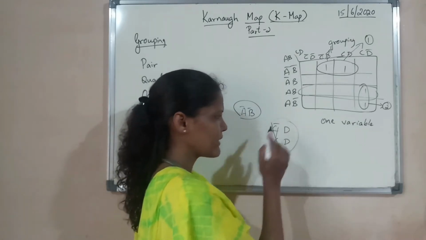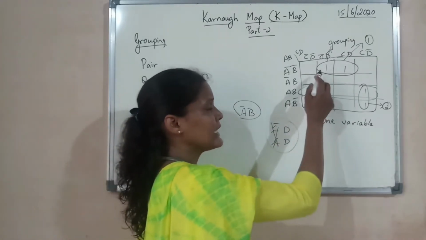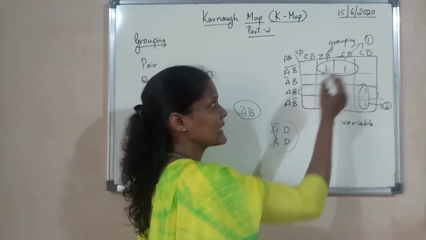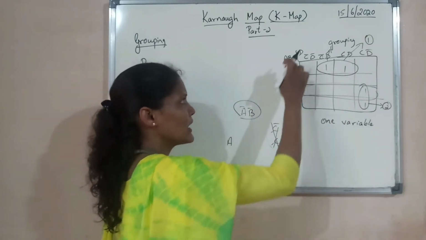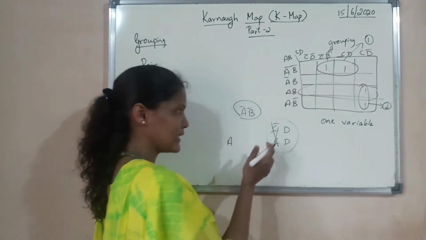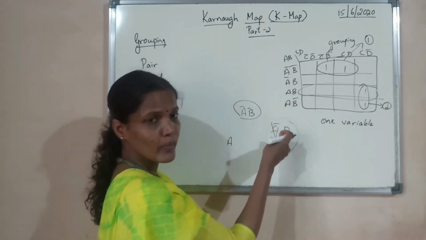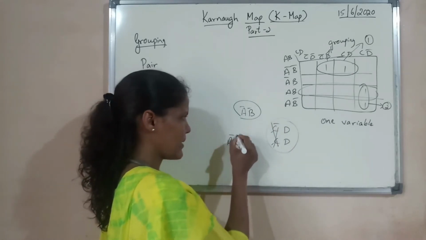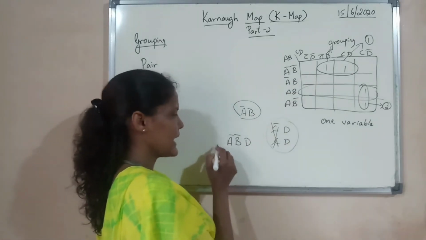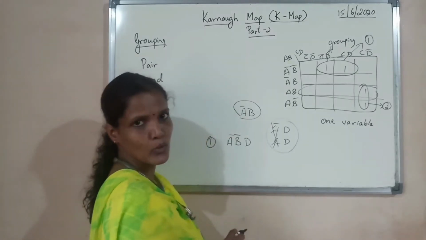So that variable will be eliminated, and the expression for this group 1 is obtained by combining the row term and the column term, eliminating the variable in both forms. A bar, B bar, D is the expression for the first grouping.